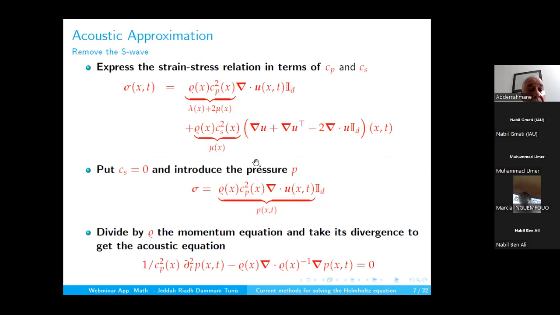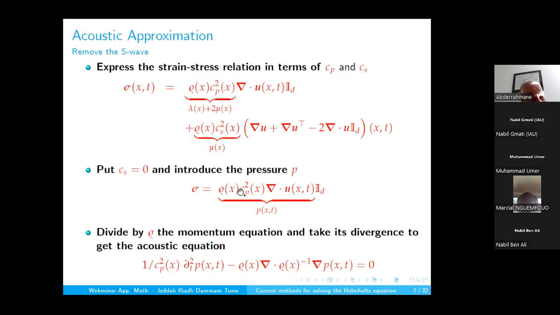And how to obtain the acoustic approximation? In fact, to obtain the acoustic approximation, you go back to the relation between the stresses and the strain, and instead of expressing this equation in terms of the Lamé coefficients, you express it in terms of these two velocities, the primary velocity and the secondary velocity.